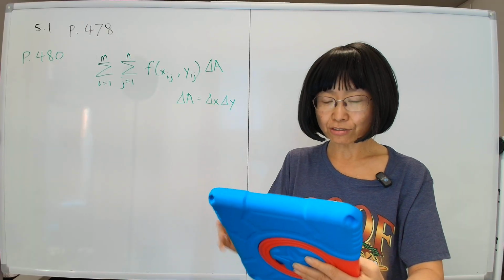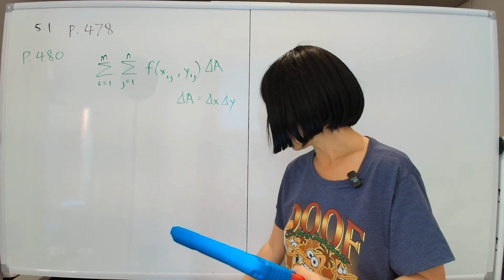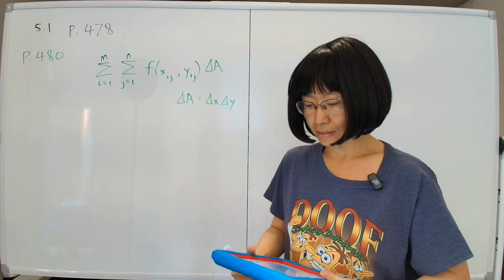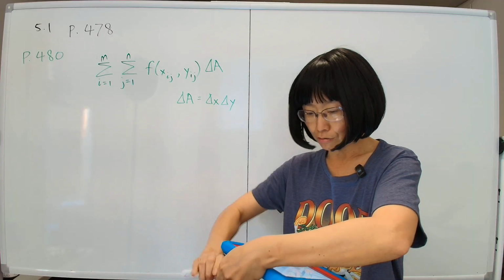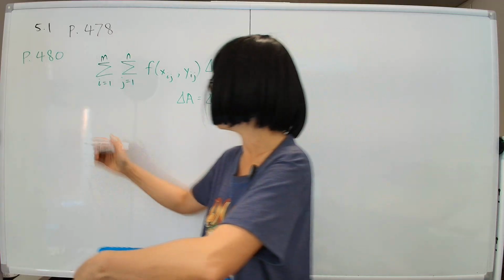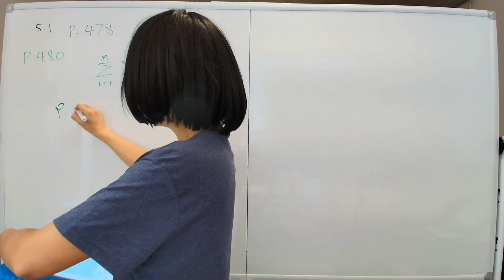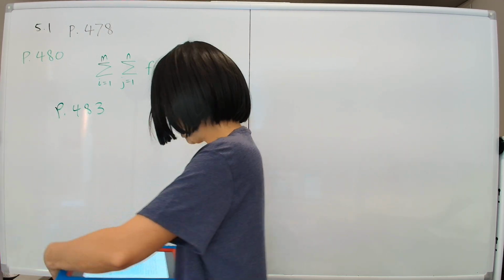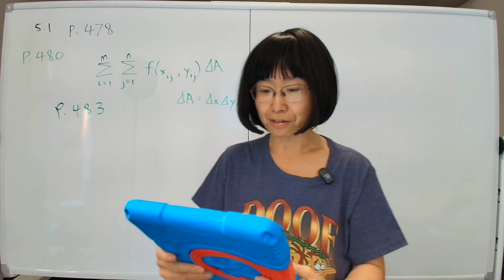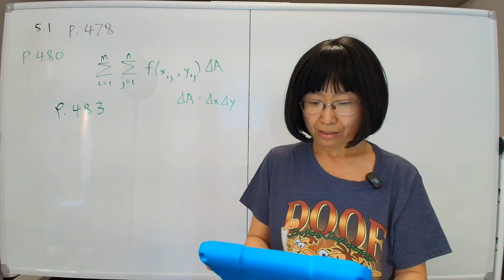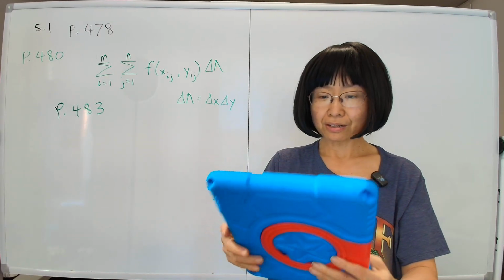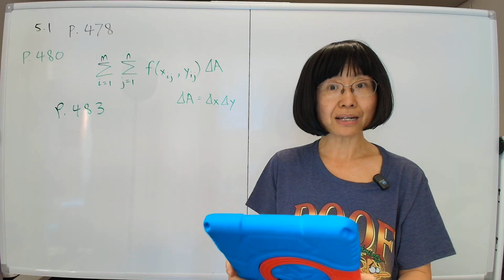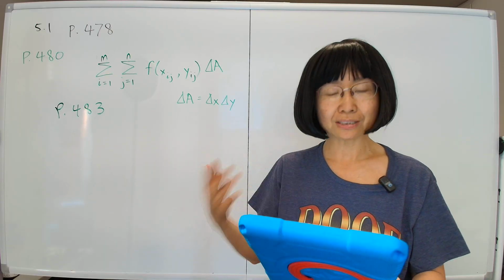Then let's go to page 483, where we will look at the properties of double integrals. The properties are almost identical to the properties of the single integral. Let's look at them. All of them except the last one are very intuitively obvious.